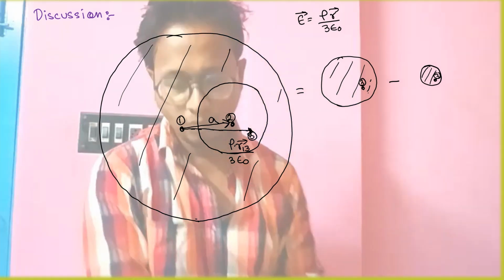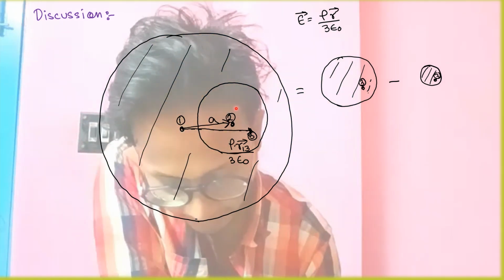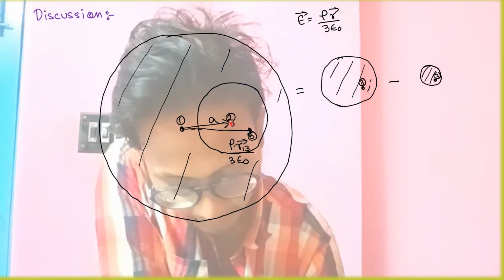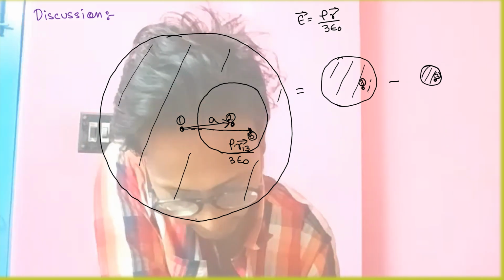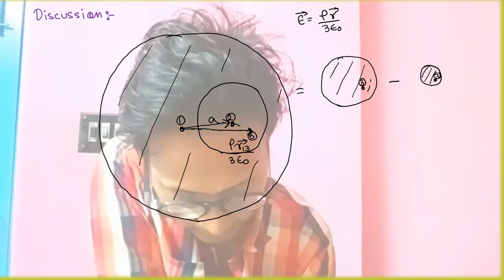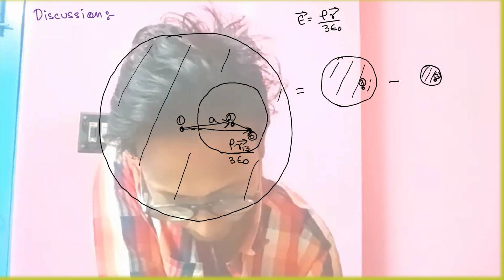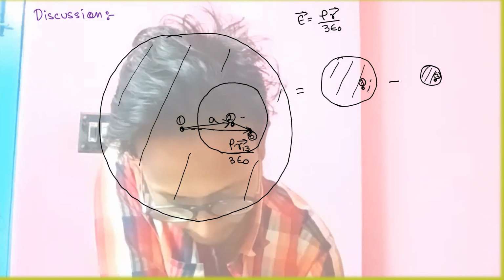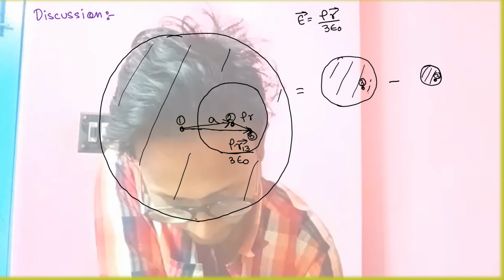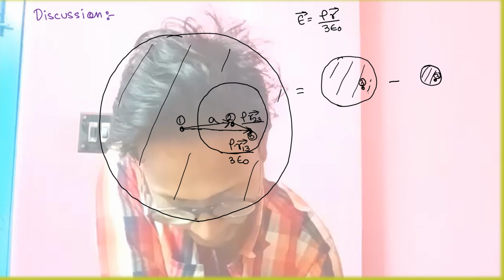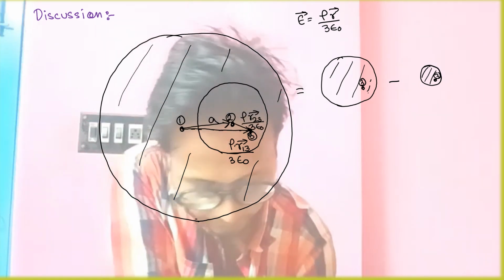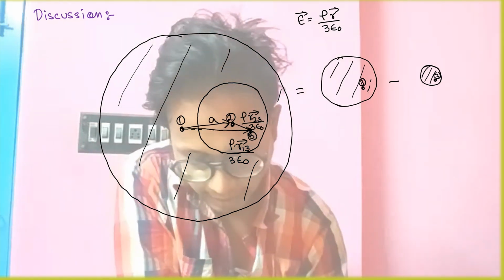What is the electric field due to the cavity filled space? R23. So it would be in this direction, and the electric field would be rho r23 by 3 epsilon naught. And what is the total electric field?